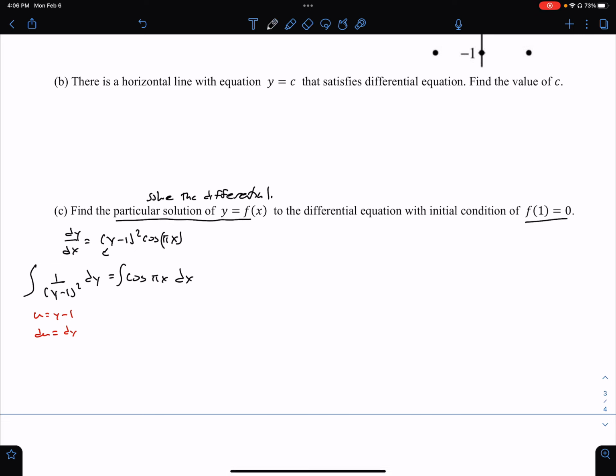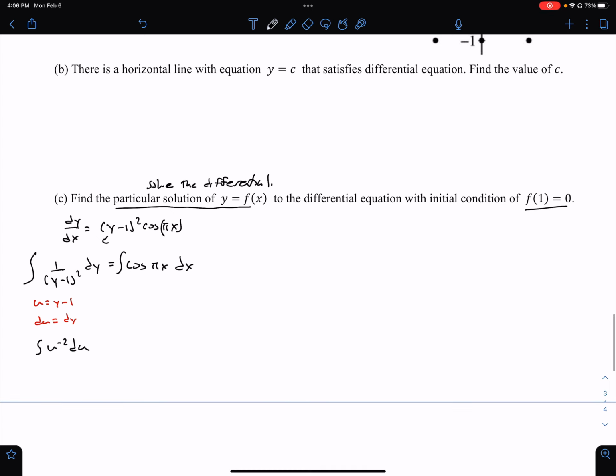If we were to rewrite this, we would get u to the negative 2 du, which is negative 1 over u. And we can simplify, and that's just going to become negative 1 over y minus 1 equals, I ran out of room there, so if I replace my u.